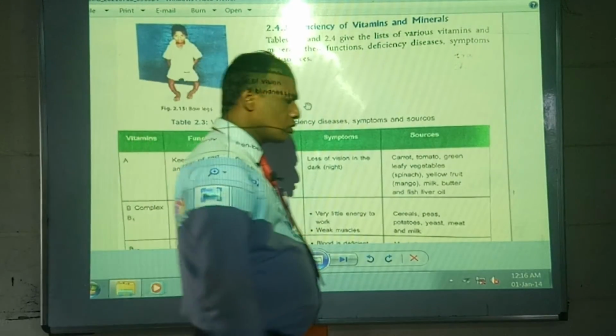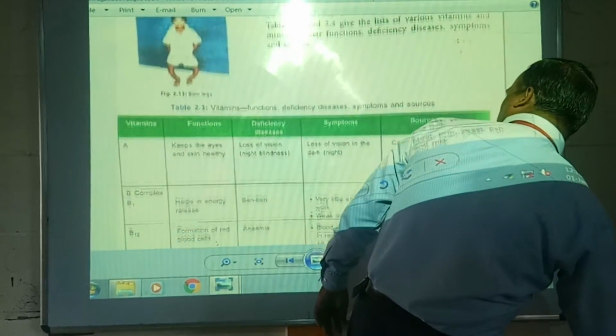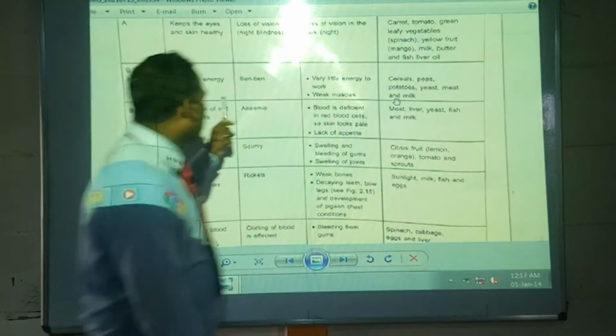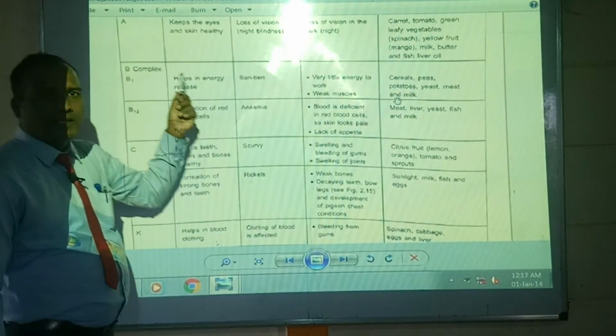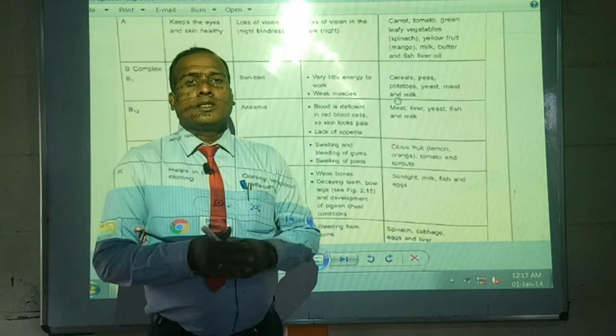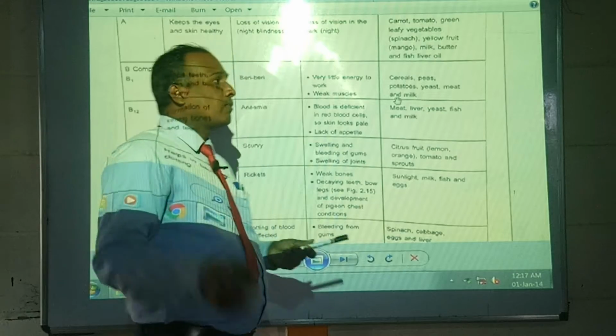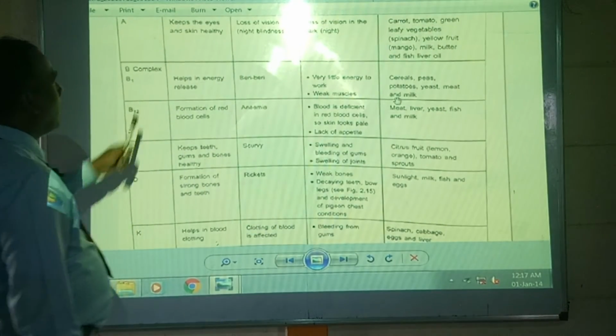You have to remember the sources. The special thing to remember is that with deficiency of vitamin A you will face blindness or loss of vision.